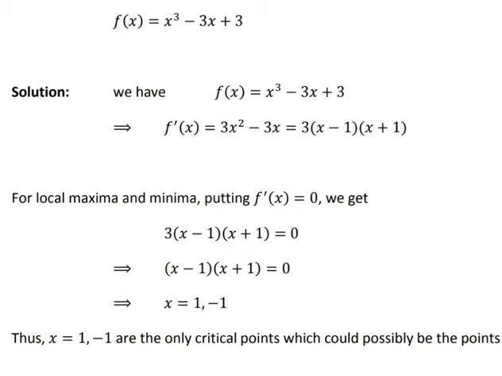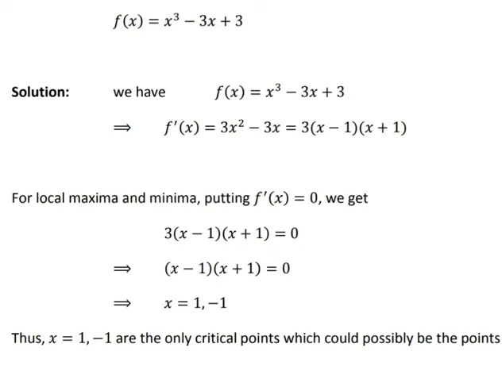So now our first step is to find out those points of local maxima or local minima. Now, to find out those points, we have to recall what we have learned last time.